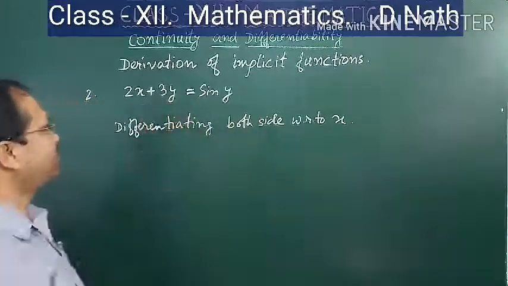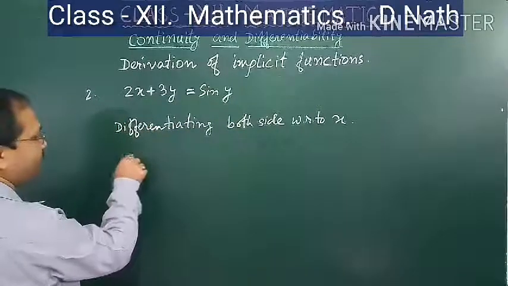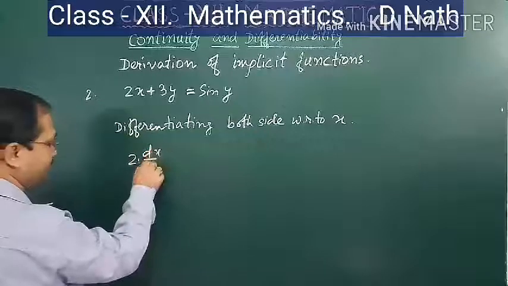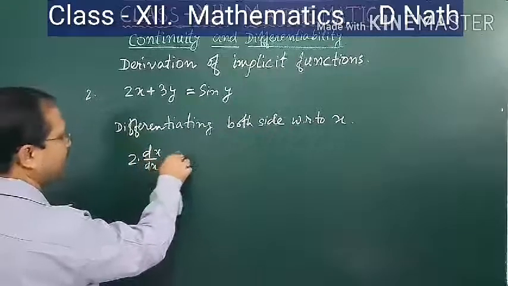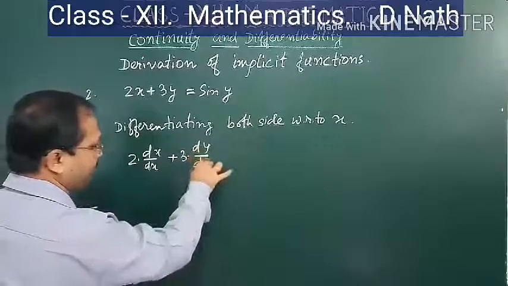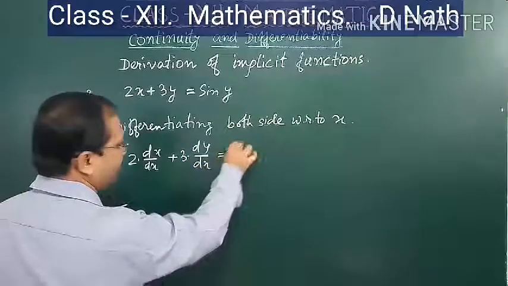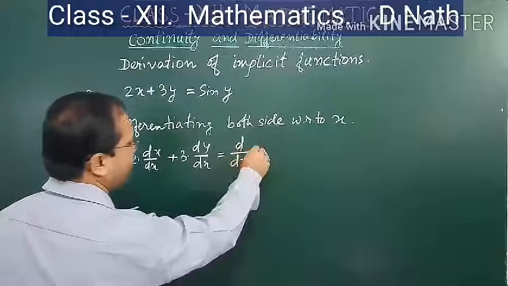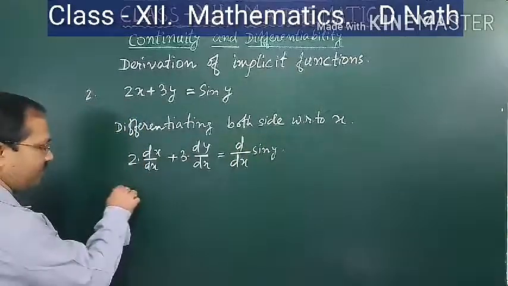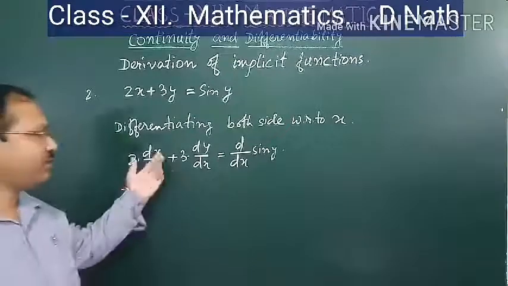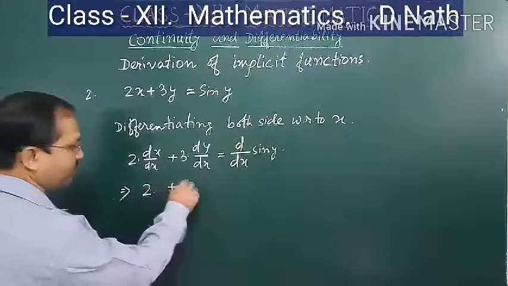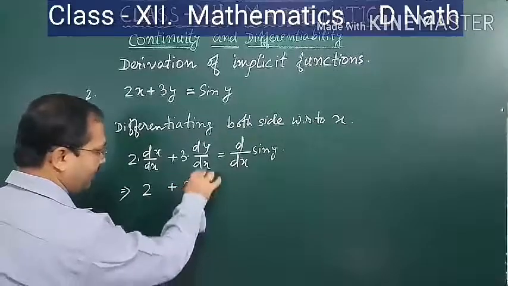So 2 into d/dx of x, plus 3 into d/dx of y, and d/dx of sin y. Here 2 into d/dx of x is 1, so it is 2 plus 3 dy/dx.